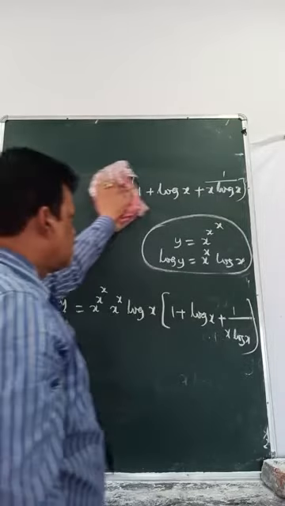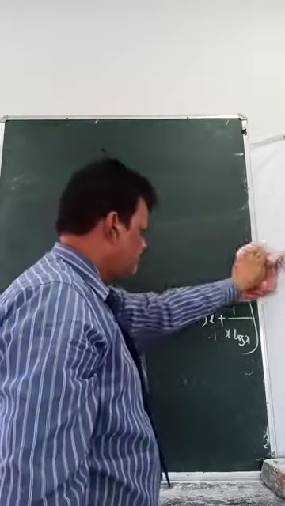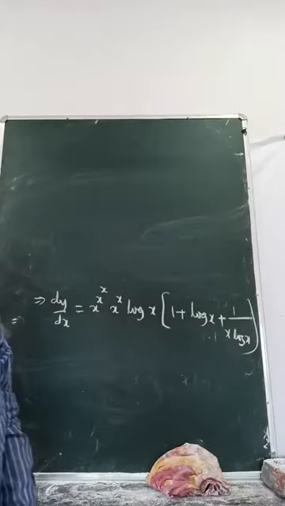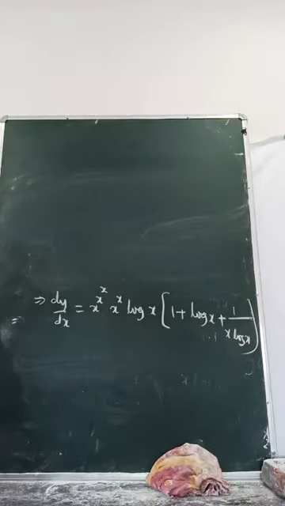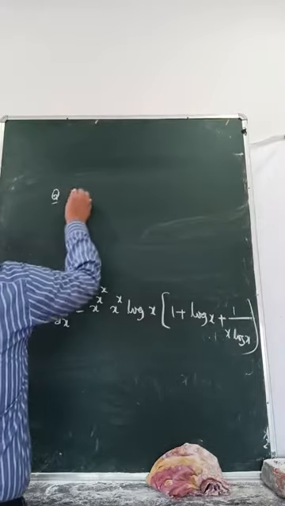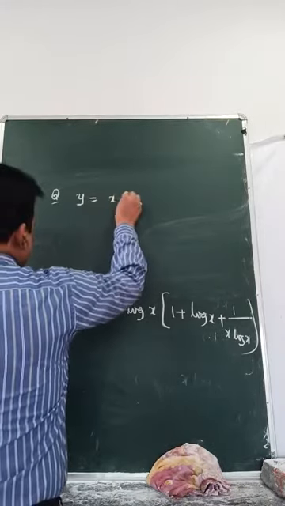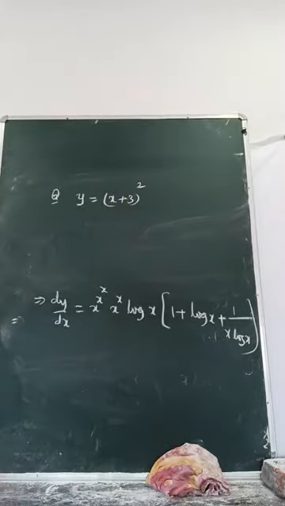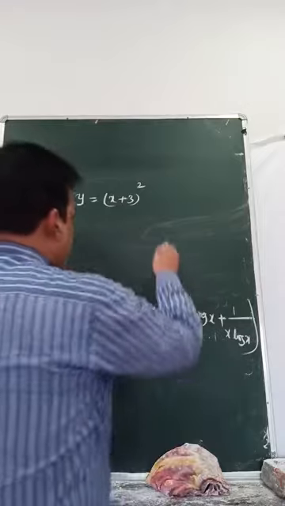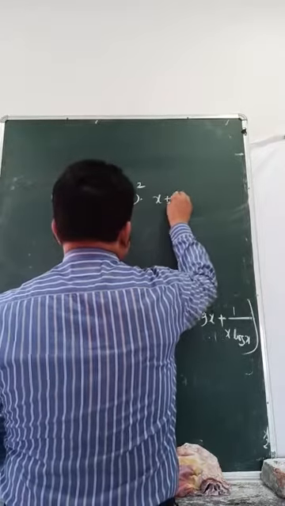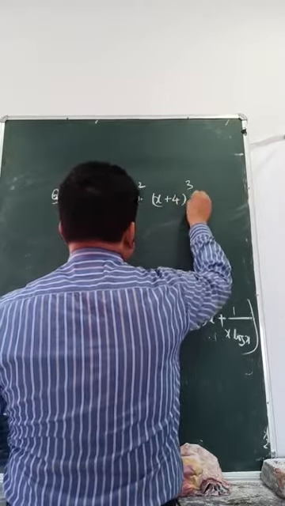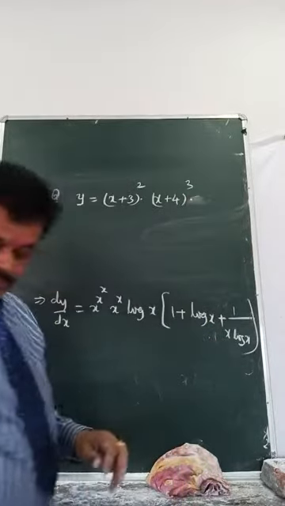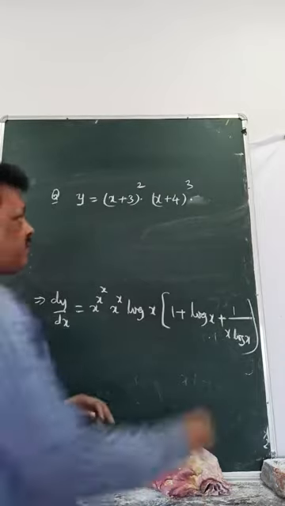Now see another question on this. Suppose you find a question: y equals x plus 3 whole square, then x plus 4 whole cube, into x plus 5 power 4.